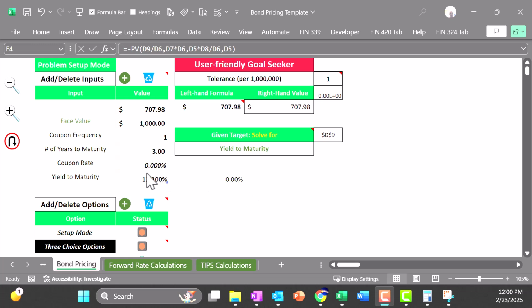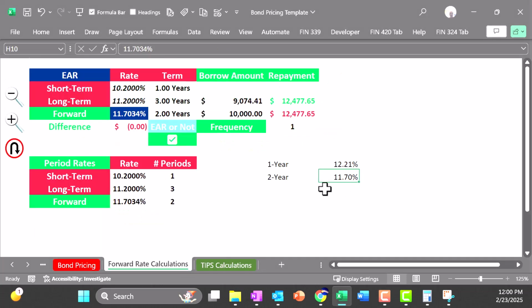I just realized that I made a mistake in my forward rate calculations when I was doing this 2-year rate, 1 year forward. I used the wrong long-term rate. Should have been 12.2. So let's redo it.